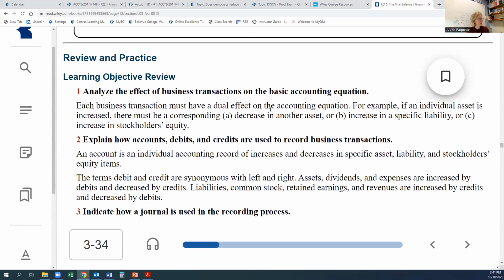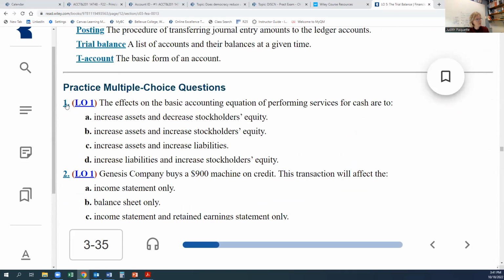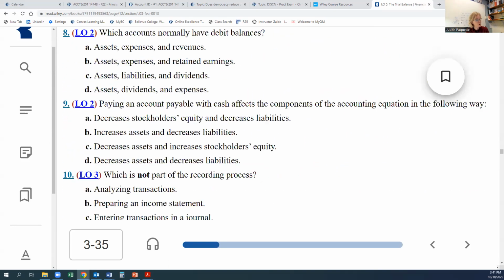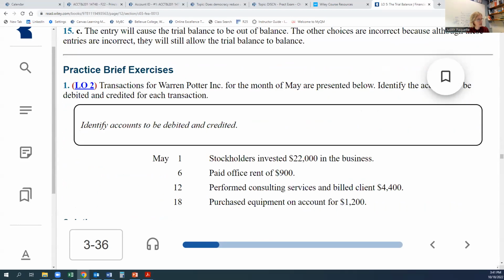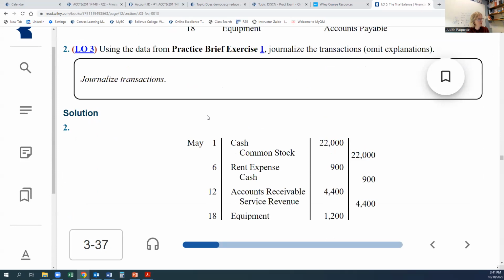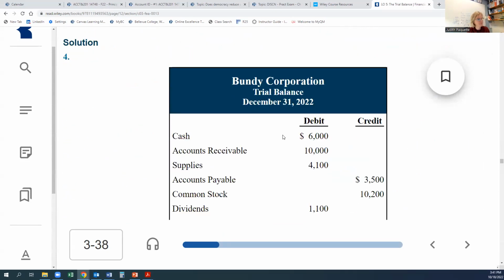Here we go. And then we've got practice multiple choice, and they have all the solutions at the bottom. And then we have practice brief exercises with solutions. I find this really helpful for students. I would not recommend reading your book at this point. Hopefully you've already read it.